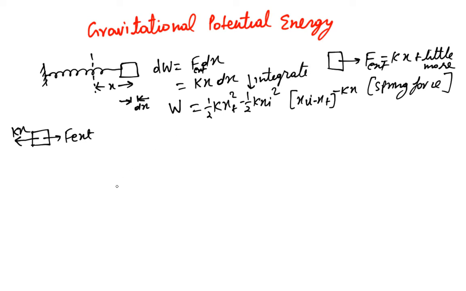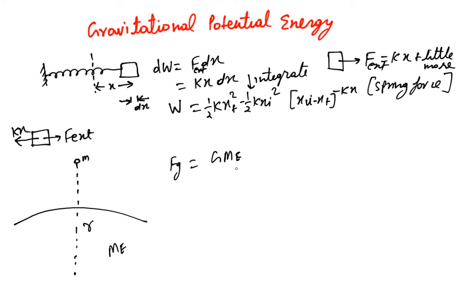Very similar to this is the case when we have a planet, let's say Earth, and at a distance r from the center of the Earth is the mass m. The force of gravity, we know according to Newton's law, is G M_e m over r squared, where M_e is the mass of the Earth.